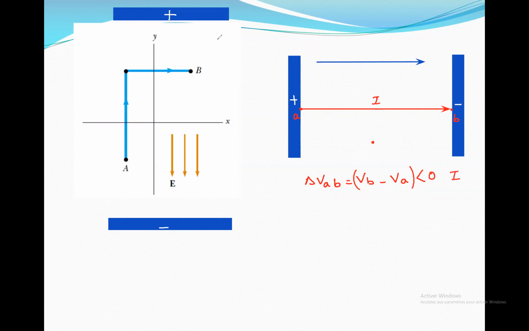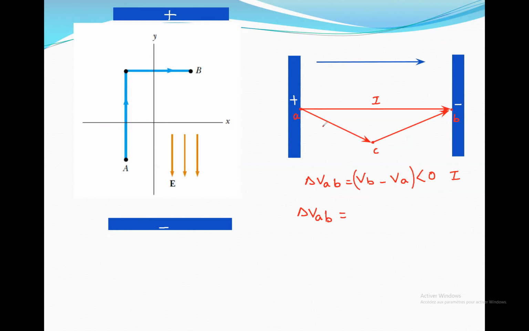I want to calculate through the path AC, CB. So we can add here a point C. So we can say delta VAB equals delta VAB. If we want to add two vectors, we can add a point between them.